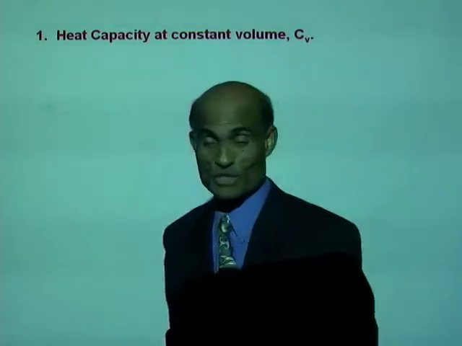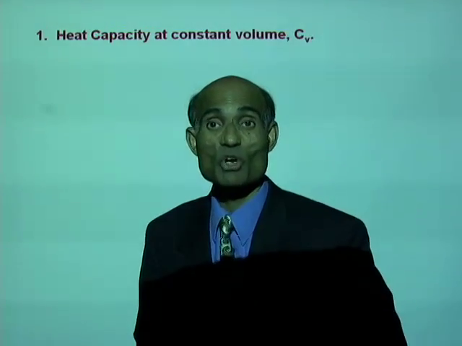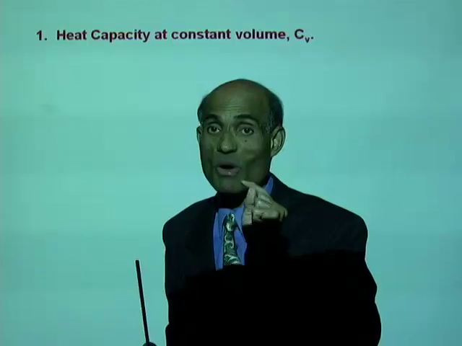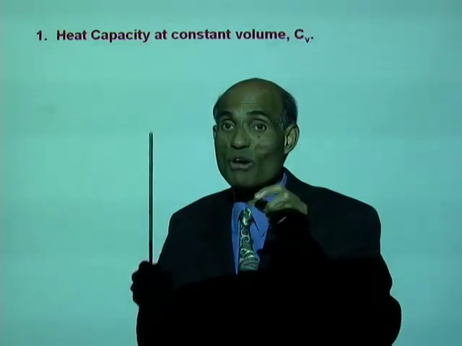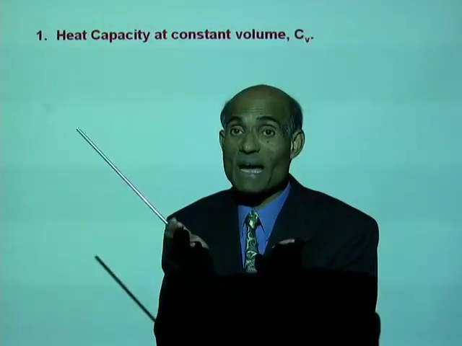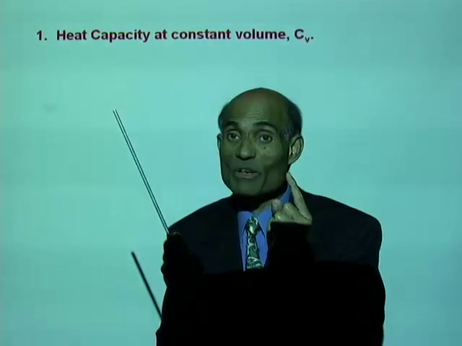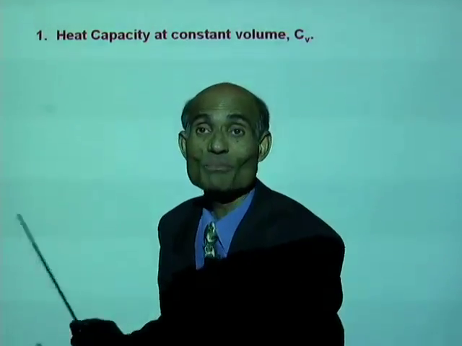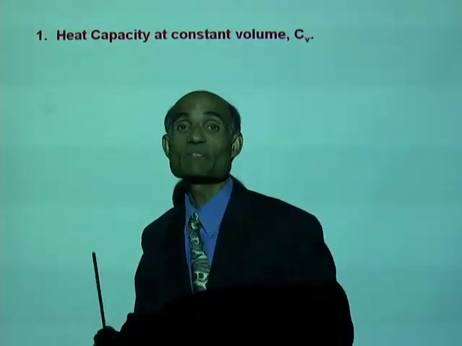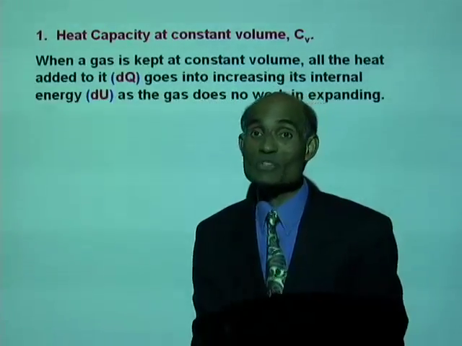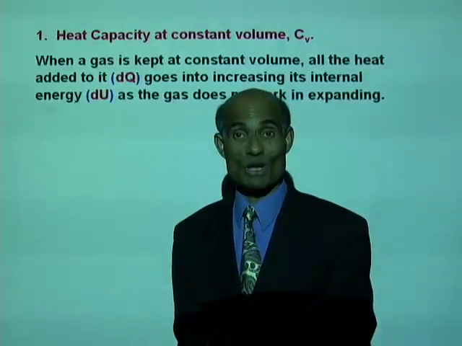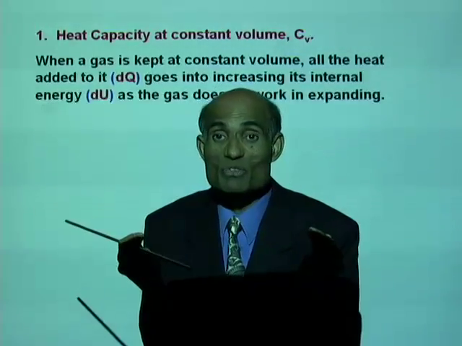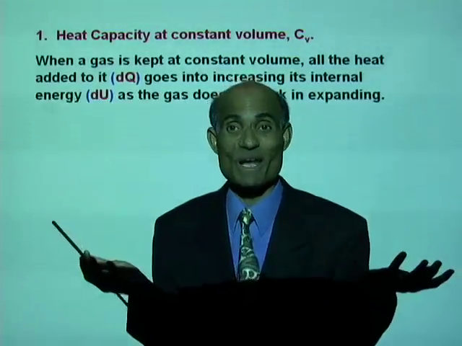Let's now consider heat capacity at constant volume. The amount of heat required to raise the temperature of a given amount of gas by 1 Kelvin when the gas is kept at constant volume. That is what we need to find. When a gas is kept at a constant volume, you know that when the volume doesn't change, there will be no work done.